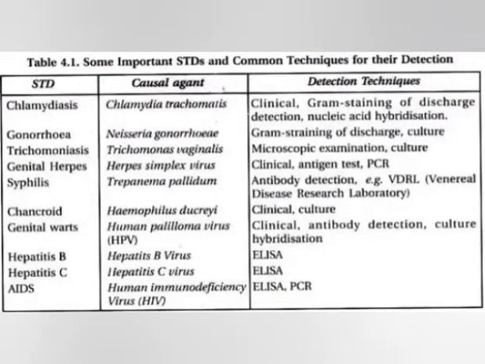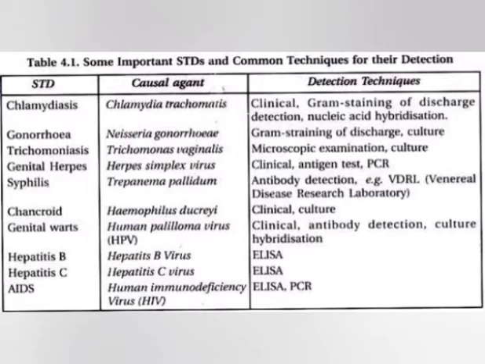The second disease is gonorrhea, and the causative agent is Neisseria gonorrhoeae, and detection techniques include gram staining of discharge and then culture of that causative agent. The third sexually transmitted disease is trichomoniasis, and the causative agent is Trichomonas vaginalis, and detection techniques are microscopic examination and culture of that causative agent.